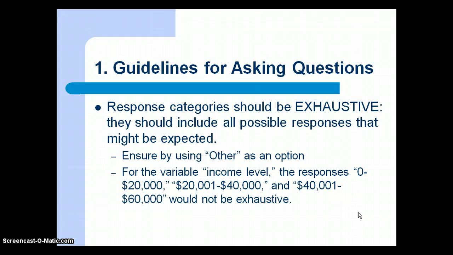Why not? I'm going to pause a second so you can think about that. Why would that not be exhaustive? Well, the range is too narrow, right? A lot of people make more than $60,000. It's just too narrow a range. So that's not an exhaustive set of responses.